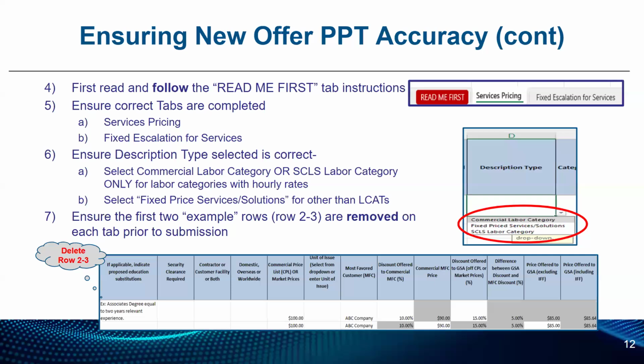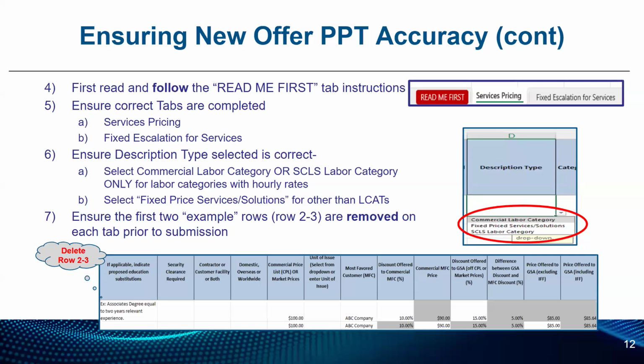If it's a fixed price service, such as, I don't know, sweeping the kitchen, and that's at a fixed price, then you use fixed price service solution. And if it's a commercial labor category, so it's not subject to SCLS, anything not subject to SCLS is considered a commercial labor category. So any professional services labor category that's not subject to SCLS, like an engineer, is most likely a commercial labor category.